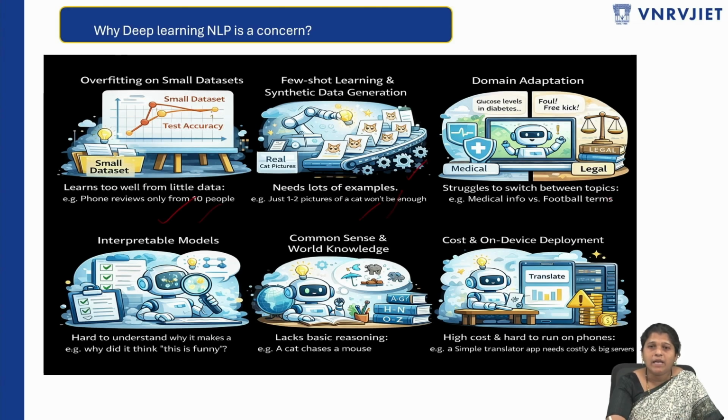Similarly, NLP models may not be very specific in differentiating between domains. The terms used in medical and legal may not be differentiated well. Here we can see the medical information versus the football terminology.